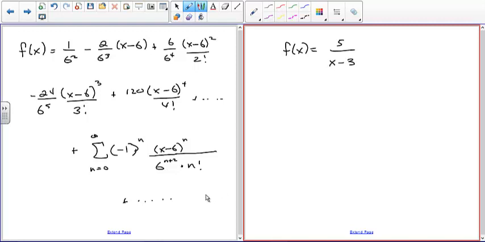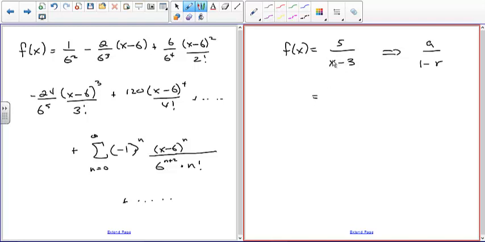And the whole idea was to rewrite this to get it to look something like a over 1 minus r. And then you could use this result to deduce what the infinite series was in terms of a geometric series. So the first thing we're going to do is we want to get this so that you have the negative sign associated with the x.